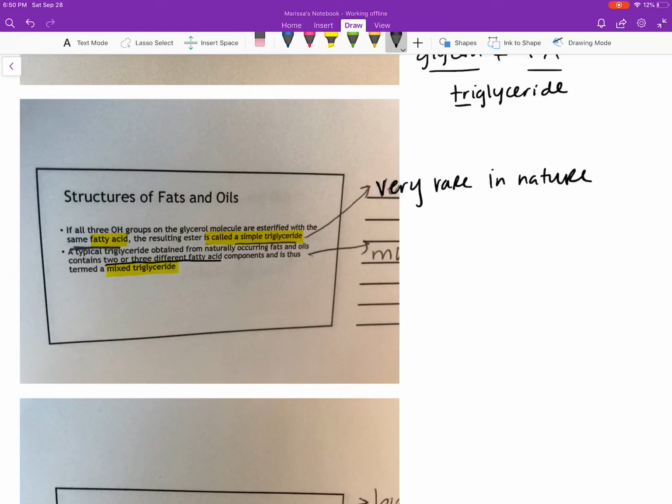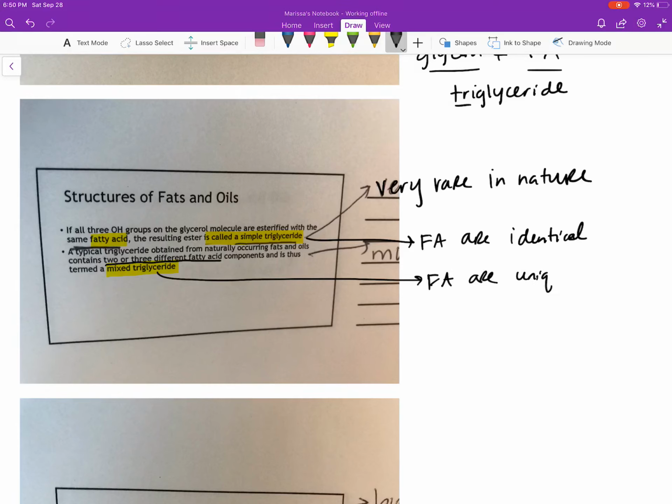Okay, so in a simple triglyceride, the fatty acids would all be the same, identical. In a mixed triglyceride, fatty acids are unique, at least 2 are unique. Now, if the other one's more rare, this is more commonly seen.